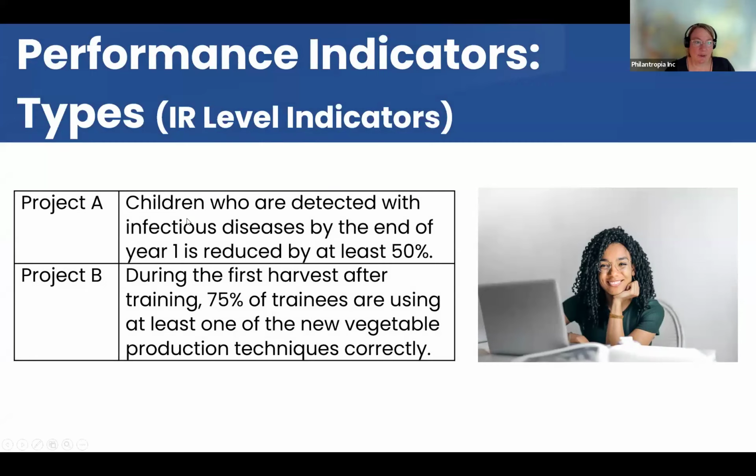This is a milestone. By year 1 is reduced by at least 50%. The first harvest, 75% of trainees are using at least one of the new vegetable production techniques correctly.